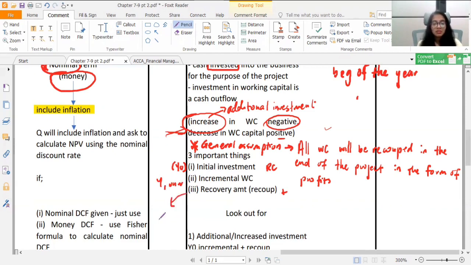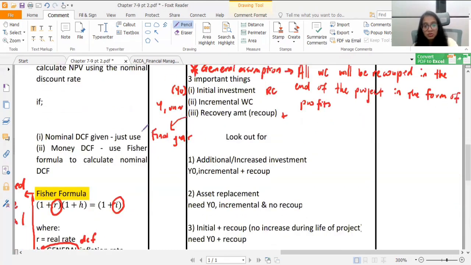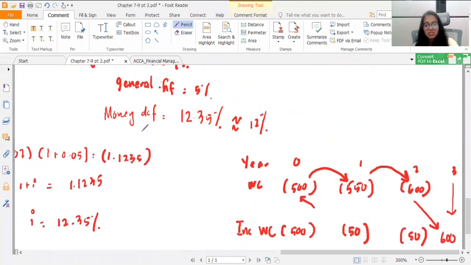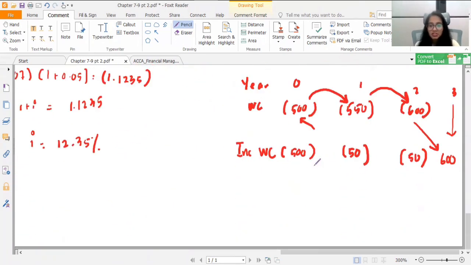And the recovery amount would be in the final year. Okay, so these are concepts that you need to understand if you want to get knowledge about this. So year zero, this is your investment amount. Year one, year two, this is your incremental.